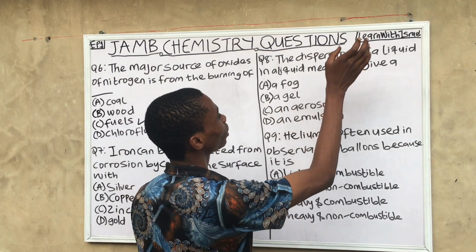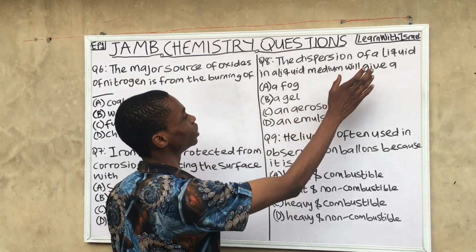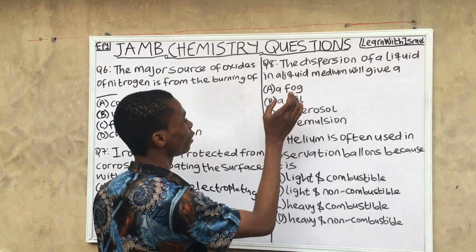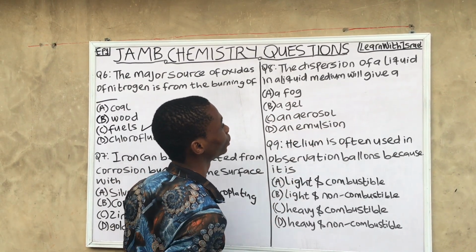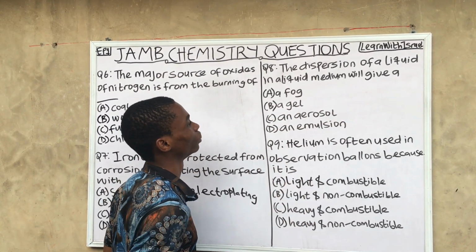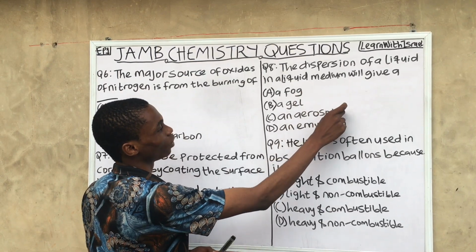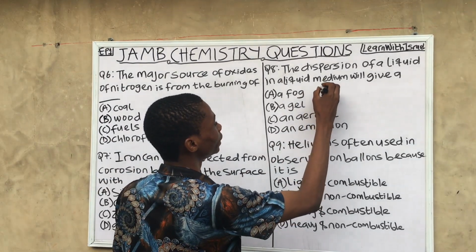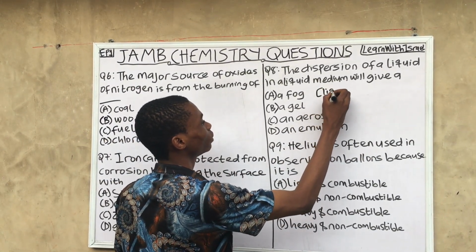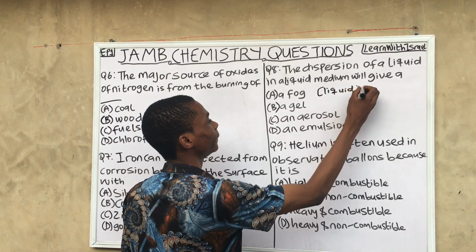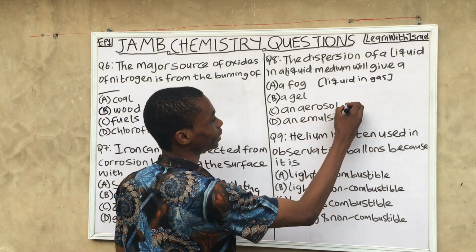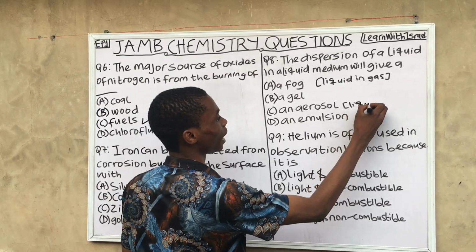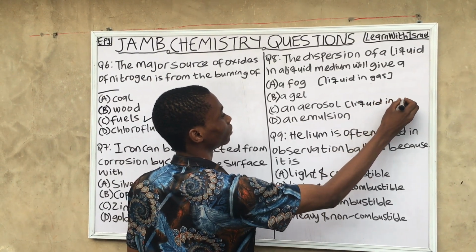The dispersion of a liquid in a liquid medium will give A. Fog, B. Gel, C. An aerosol, D. An emulsion. D, an emulsion. So fog and aerosol are both liquid in gas.